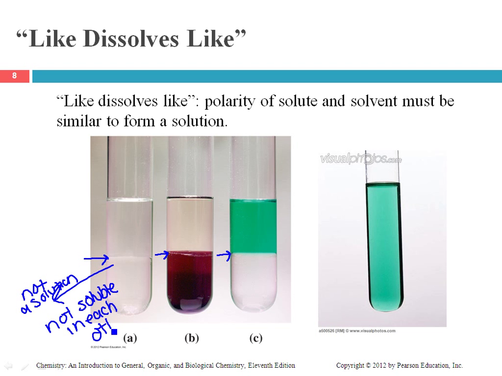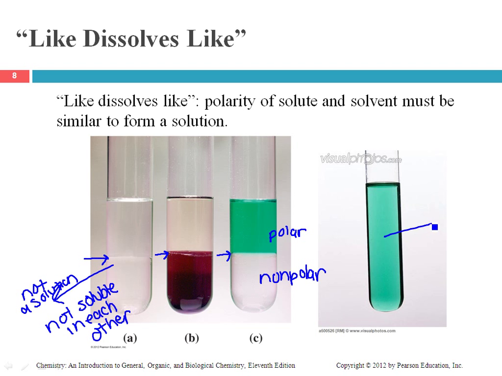If they will not dissolve in each other, they're going to form two distinct layers. If you had a polar and a nonpolar compound, they're going to separate. A solution is not going to form.